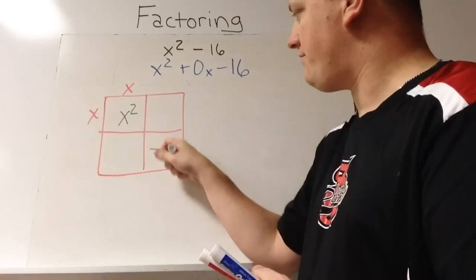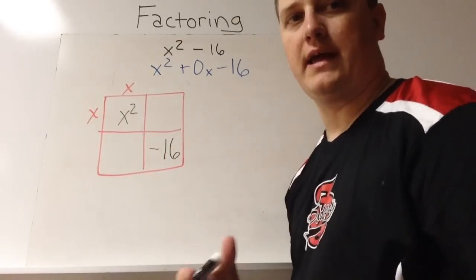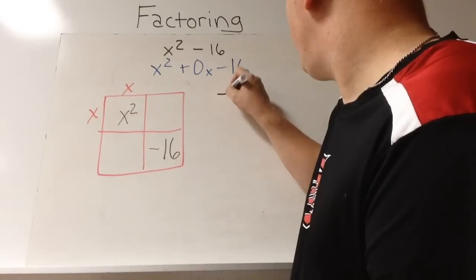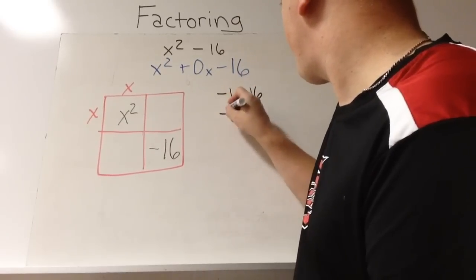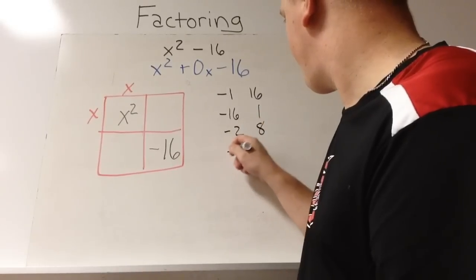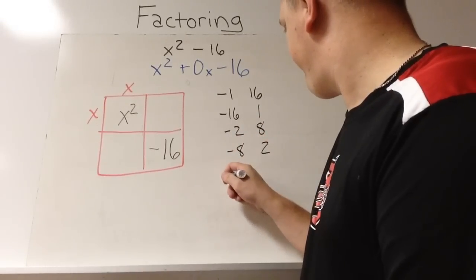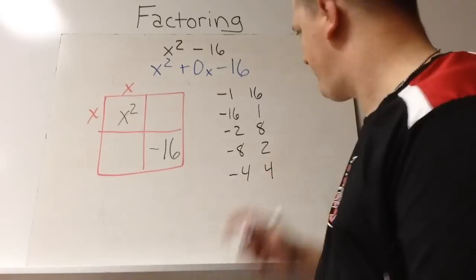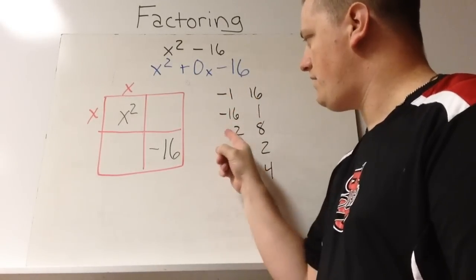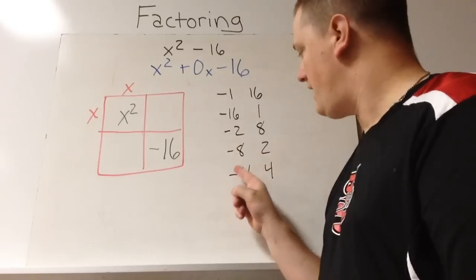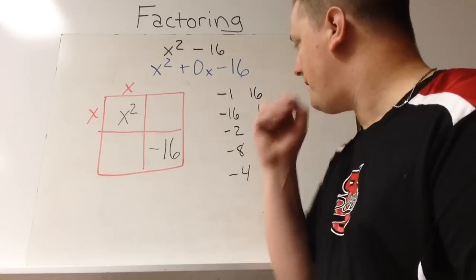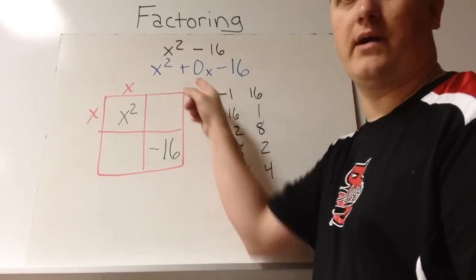This one's going to be a negative 16, which is important, because negative 16 means we need negatives and positives. Okay, so I have these options: negative 1, 16, negative 16, 1, negative 2, 8, negative 8, 2, and negative 4, 4. I'm not going to switch those because it'd be the same either way. But these need to add up to 0.